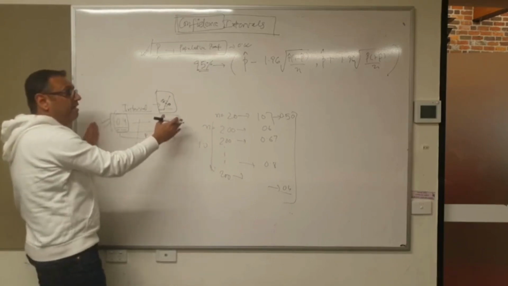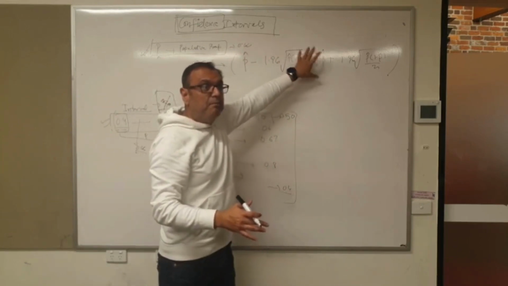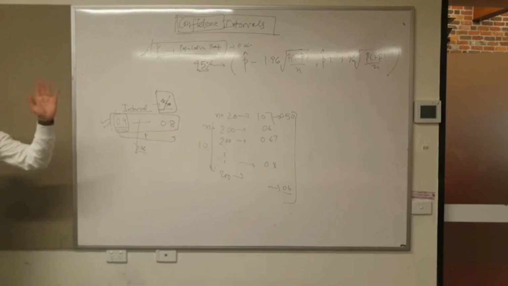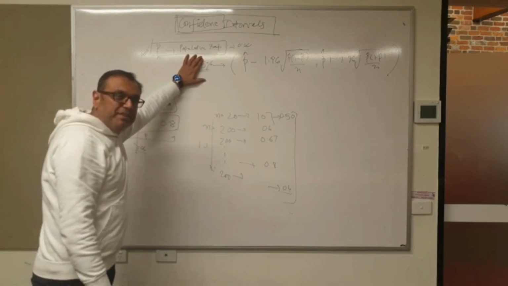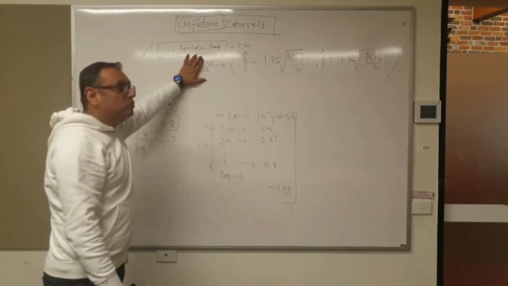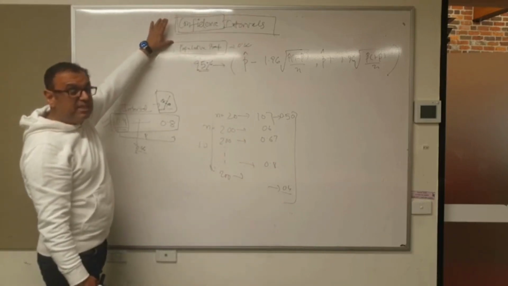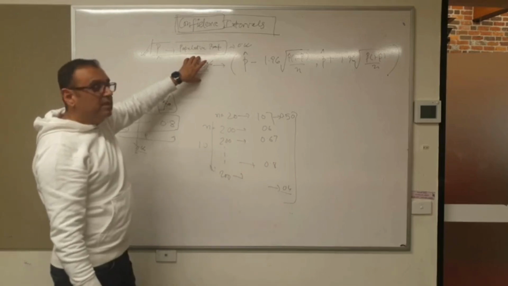I'm 95% confident that whatever I compute using this, my population proportion will sit within this range. It's a 95% confidence level. Does that make sense? So we understood what is an interval, what is confidence, and then we talked about the 95% confidence.